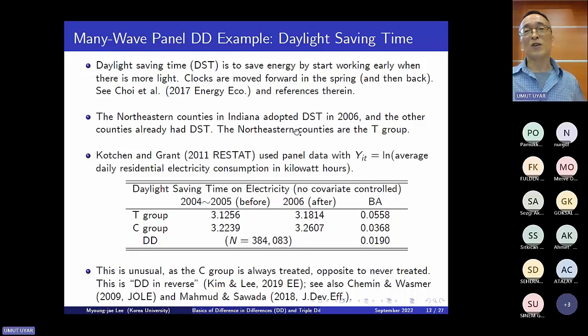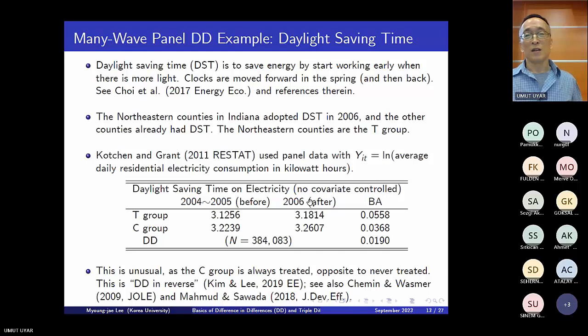So the northeastern counties are the T group, and the other counties in Indiana are the C group. What these people did is collect data on electricity consumption, and they compared the treatment group before and after.